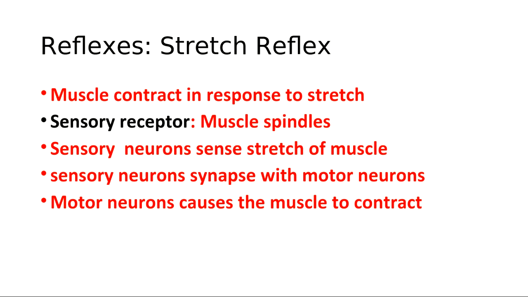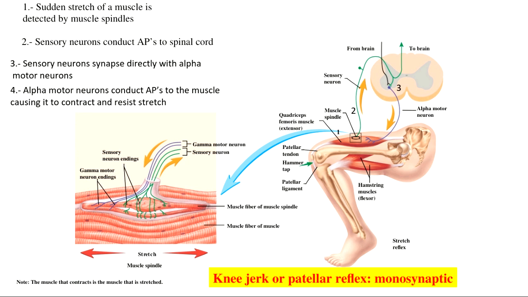This is an example of a monosynaptic reflex. This is a patellar reflex, which happens when you go to the doctor and a hammer taps on the patellar tendon. And essentially what that's going to do is pull on the tendon of the quadriceps muscle.